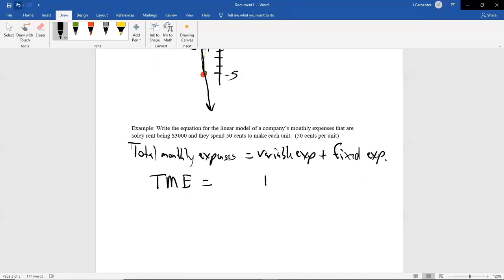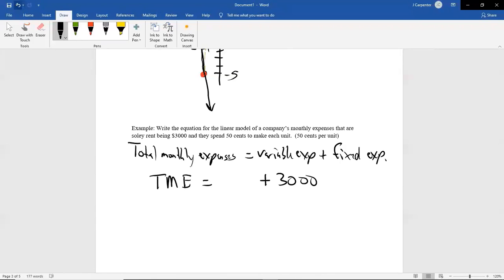The fixed amount does not change. Rent is not changing. There's no per here. It's not based on, if I do more of something, the rent goes up. You just pay that flat $3,000. But the amount that we spend on the units, the CDs, the calculators, the buckets of water we're making, whatever it is, they do cost, and we pay our employers to make them as well. And that comes out to a nice round number of 50 cents.